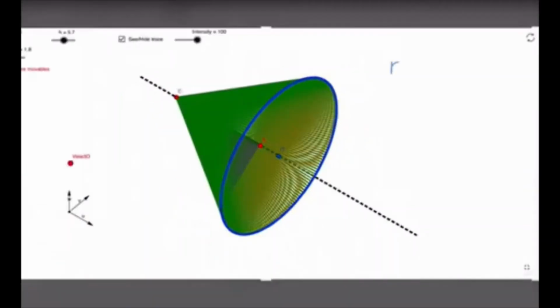As the question says, our radius is 4 and our height is 6. I'm going to show you where the radius and the height are. The radius of the cone starts from here to the end point of the circle on the bottom of the cone, and the height is in the middle to the very top of the cone.